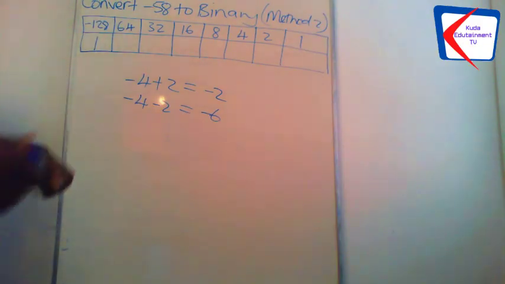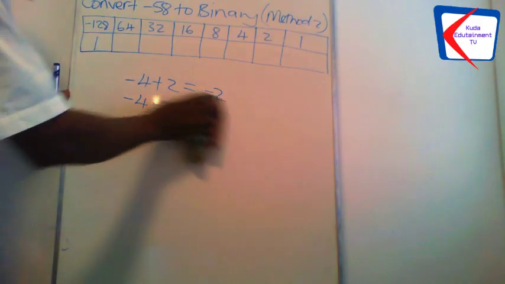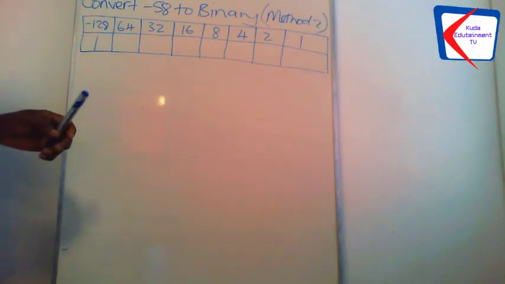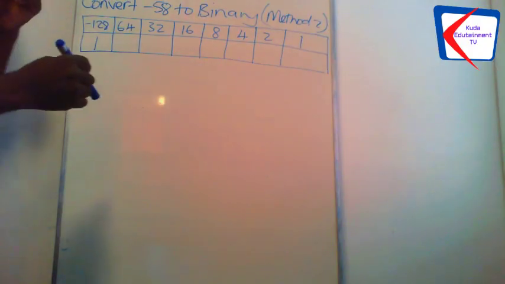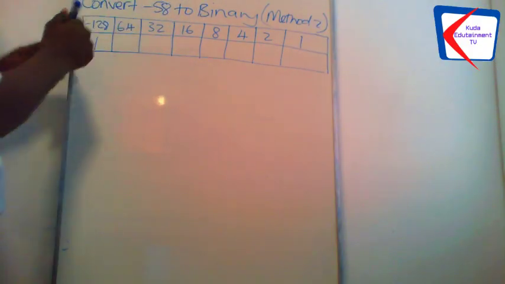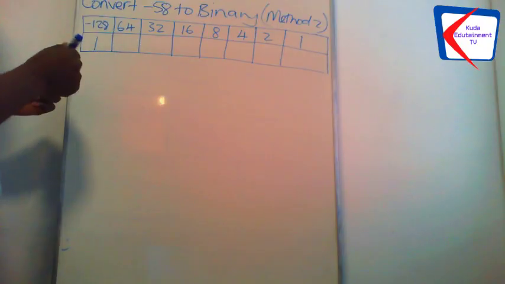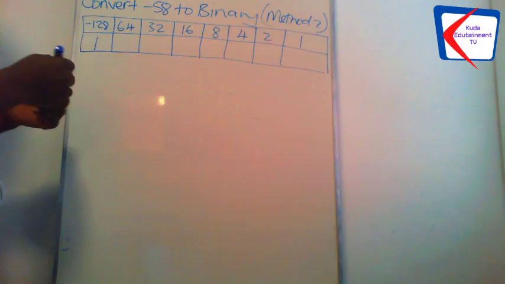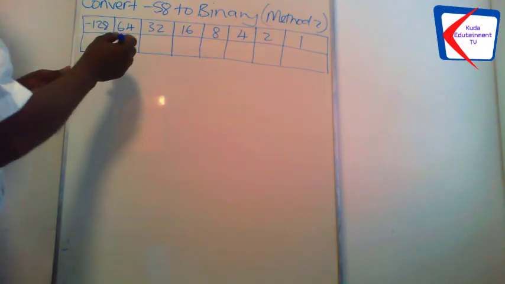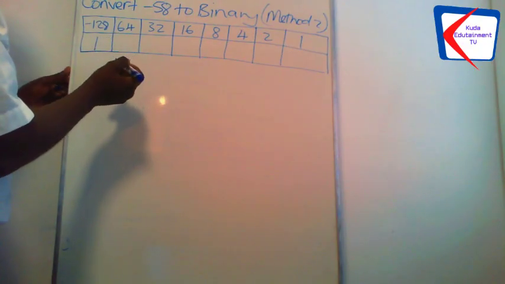So now let us work. Remember, we want to reach negative 58. So negative 128 plus 64, what do we get?